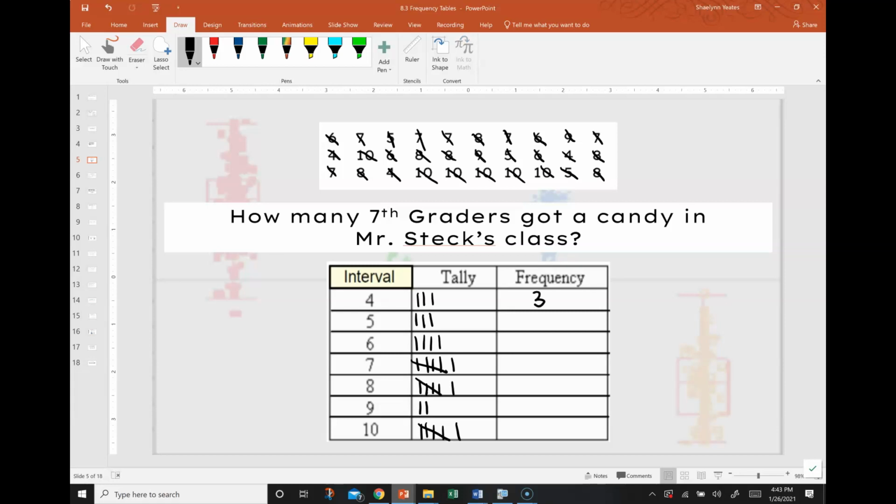So there are 3 4s, 3 5s, 4 6s, 6 7s, 6 8s, 2 9s, and 6 10s.